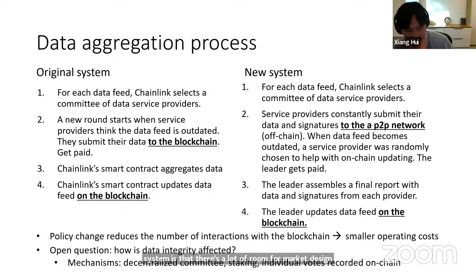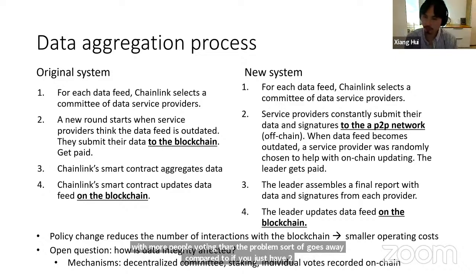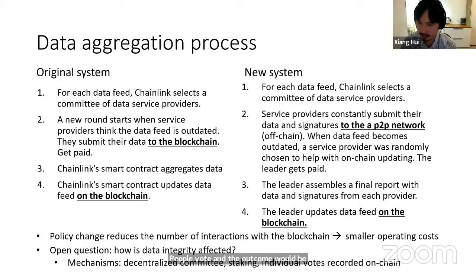There are obviously many problems associated with taking the median votes, like the one you said, and I agree that the flaw also applies to the current system. But the point we're trying to make here is that when the system cost is reduced, you would be able to have more people coming in and voting. And presumably, with more people voting, the problem goes away compared to if you just have two people vote, where the outcome would be more problematic compared to when you have more people, if that makes sense.